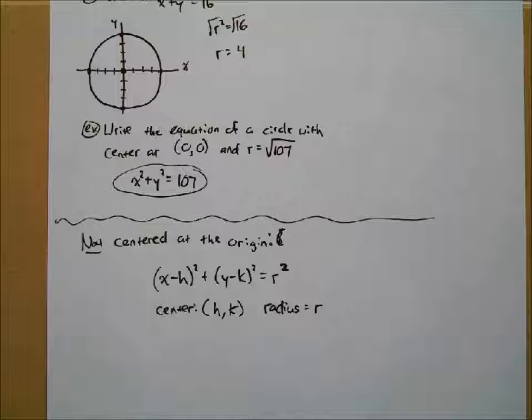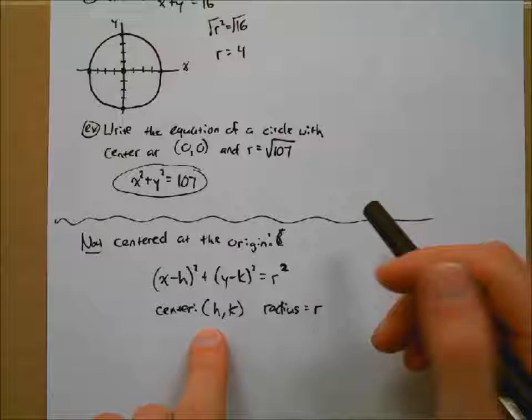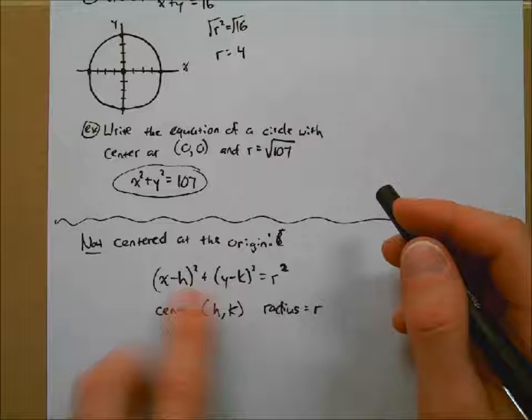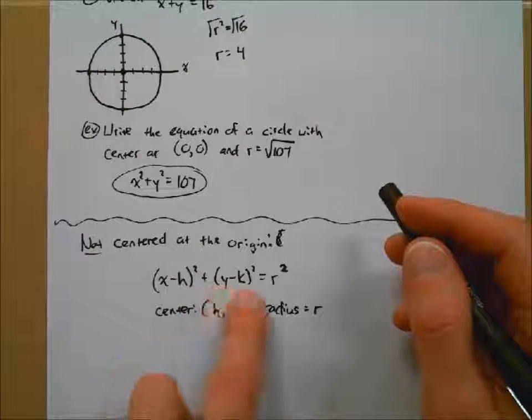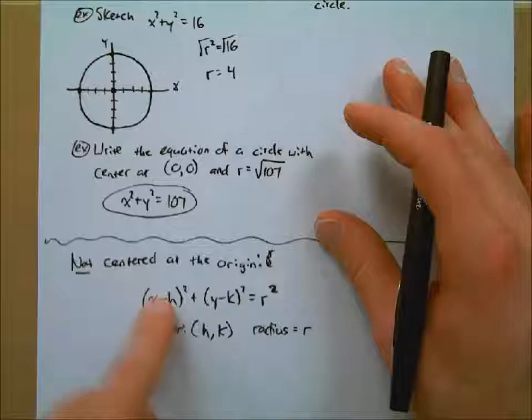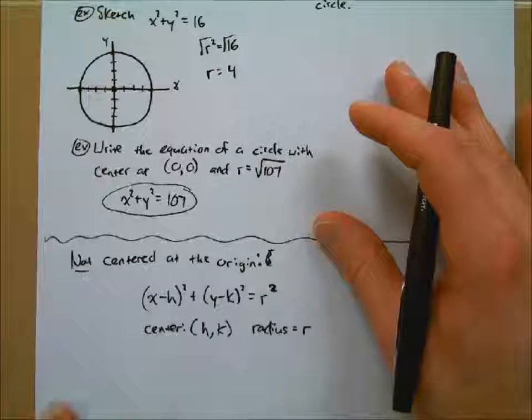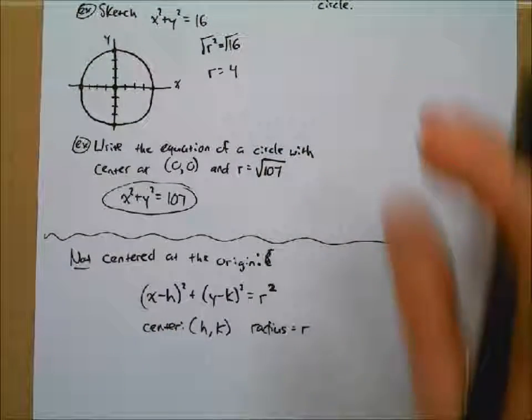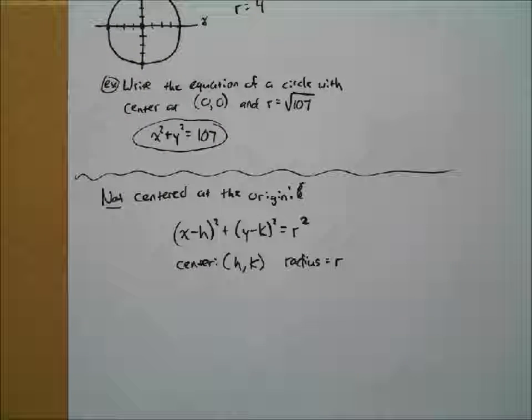What you can see is that if h is 0 and k is 0, then it'll be x minus 0, or just x, and y minus 0, or just y, and that's where we get the x squared and the y squared by themselves. If h is 0 and k is 0, that would be the origin for the center, and then it's just x squared plus y squared equals r squared. So really you don't need to worry about knowing both things, just know the one.